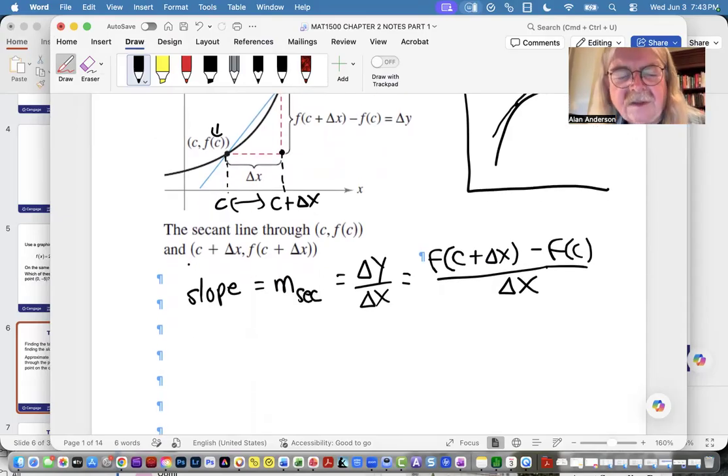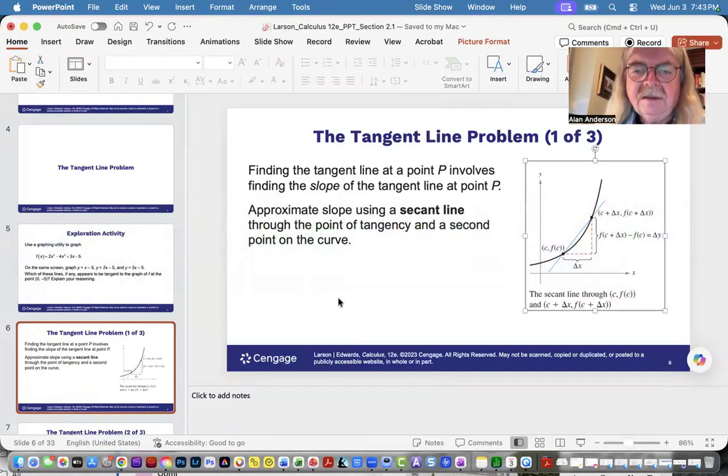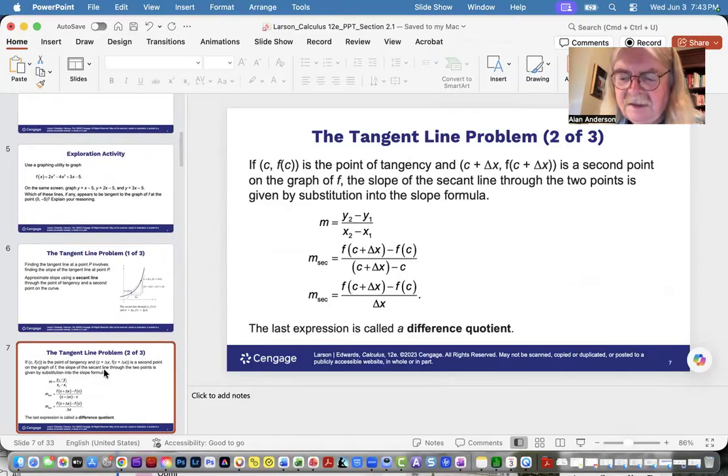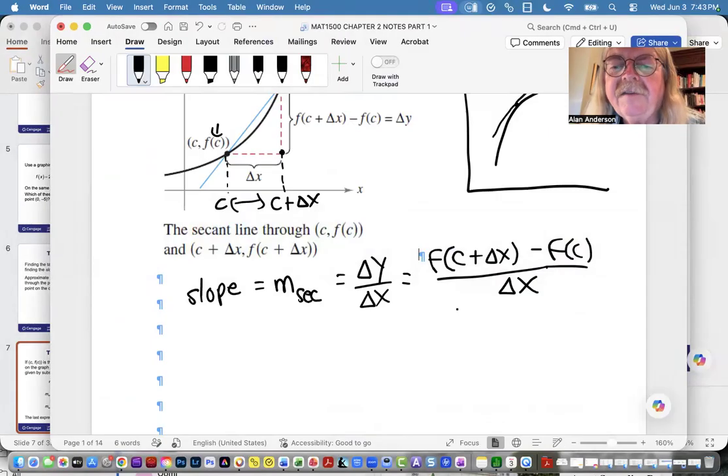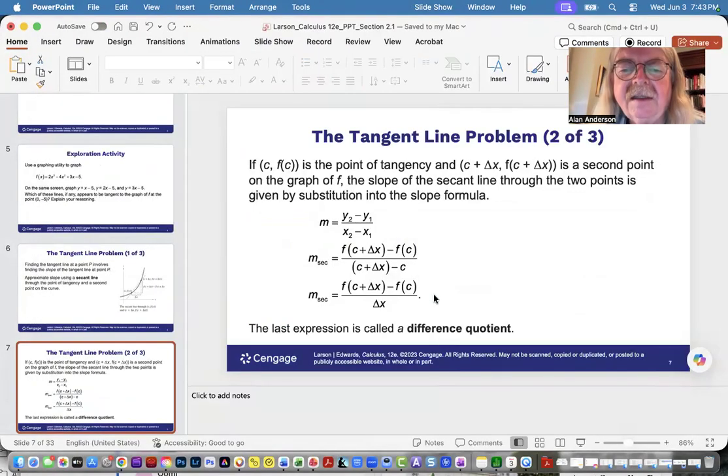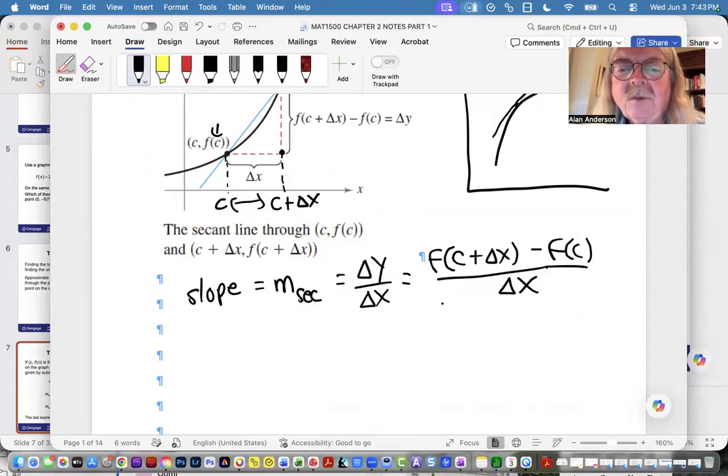Now, what are we going to do with this information? By the way, they're showing us that there are different ways of expressing the same information. The slope of the secant line, f of c plus delta x minus f of c over delta x, is what we're looking for.